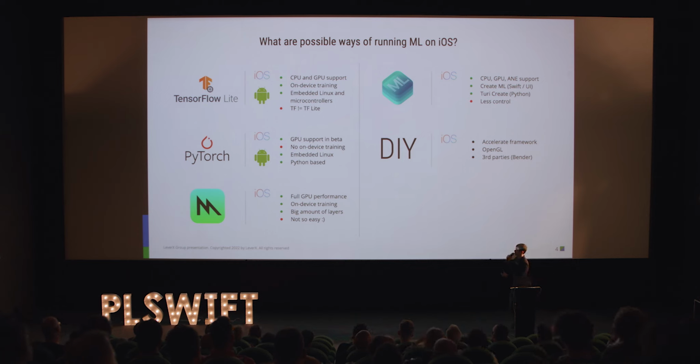Okay, that's all about cross-platform. When you need to run something on iOS and Android, you go with one of them. The only difference, PyTorch Mobile does not support on-device training right now, but nobody cares in this case. So it can be run on mobile devices on iOS and Android. And we do not have a lot of experience, to be honest with you.